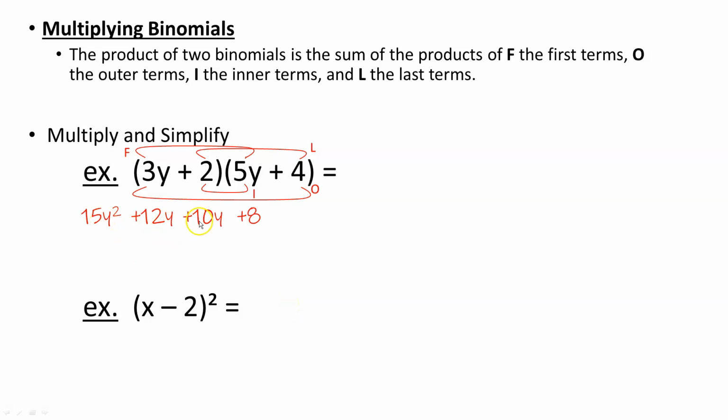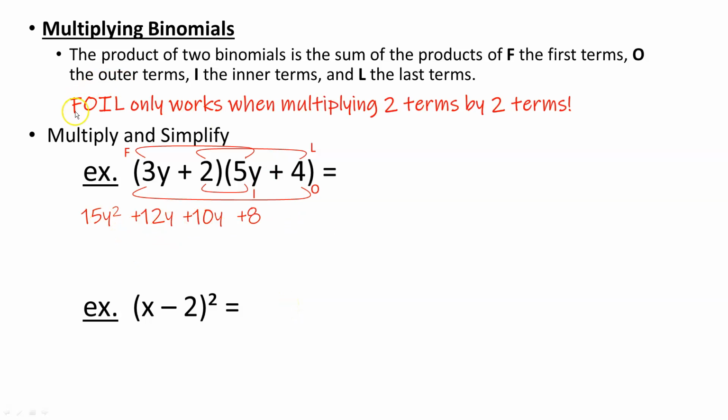Okay, so now we have our 4 terms. This is super important. FOIL only works when multiplying a binomial, which is 2 terms, times another binomial. If there are more or less than 2 terms, it will not work.